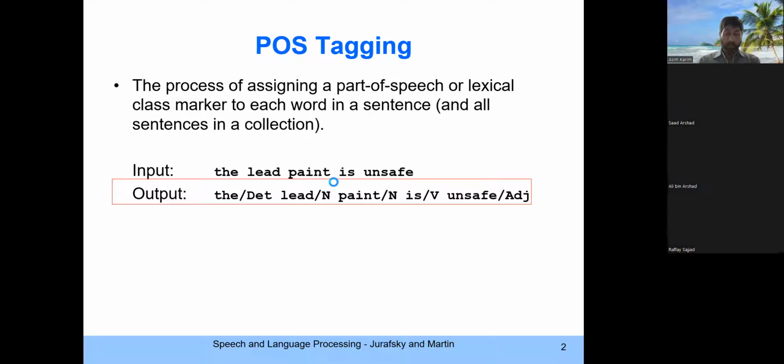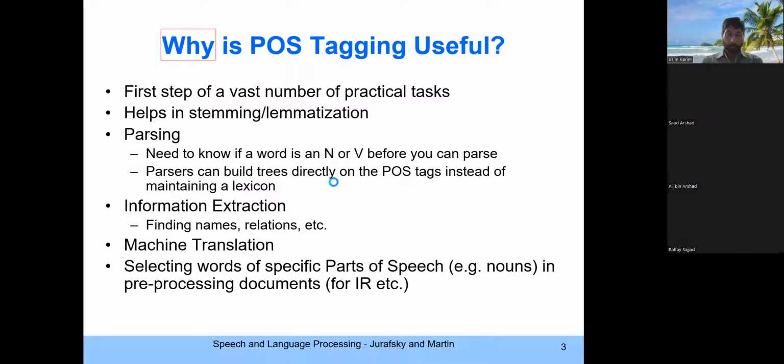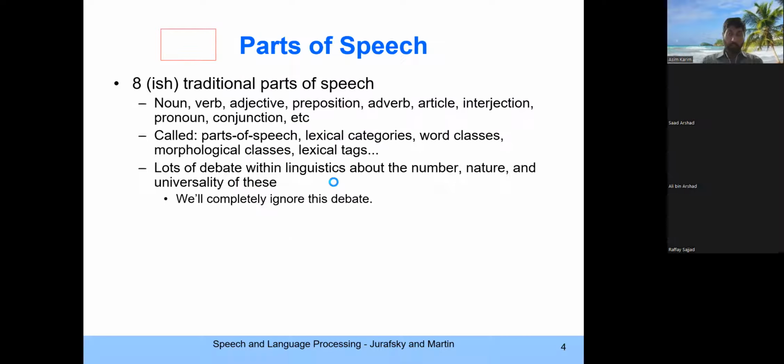"Paint" also is a noun. "Is" of course is a verb, and then "unsafe" is an adjective. So given any running text, we would like to assign each word in that text to an appropriate POS, part of speech. I think this is discussed later on as well. Let's move forward.